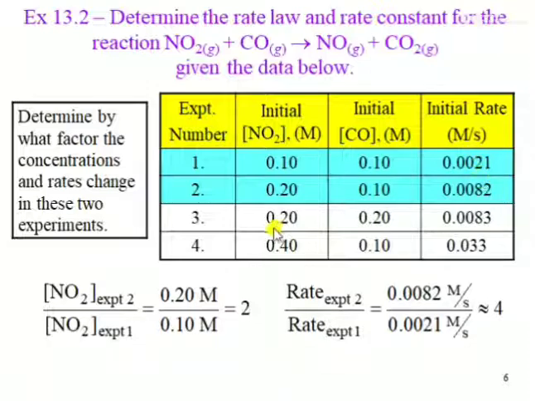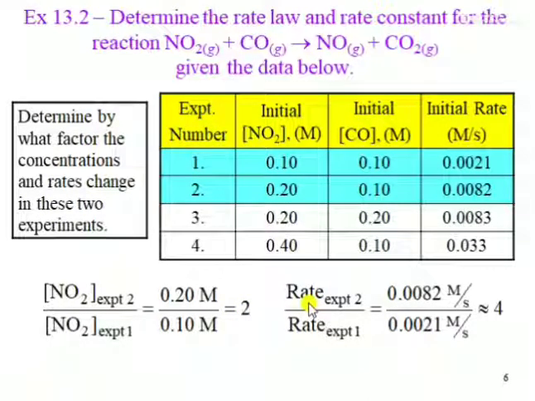So we compare experiments 1 and 2. If you compare them this way, that is the concentration of NO2 in experiment number 2 divided by experiment number 1, you get the answer as 2.